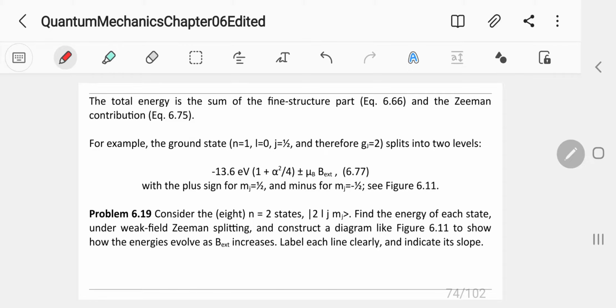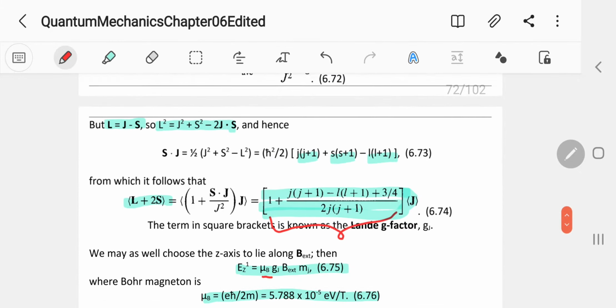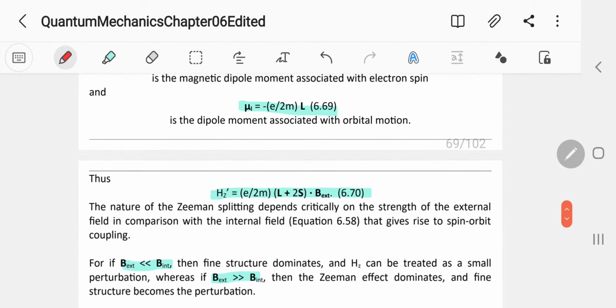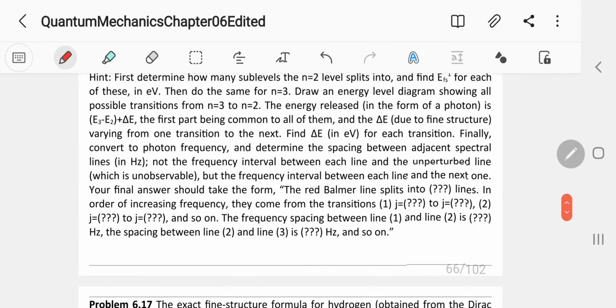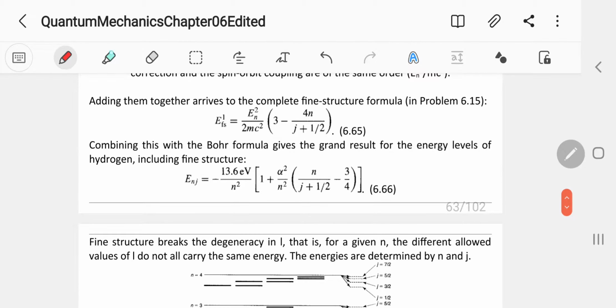Now the total energy is the sum of the fine structure part, which is equation 6.66. If we could just go back, here in the previous lecture, this one here, this is the correction of the fine structure, I mean the correction associated with the fine structure constant.